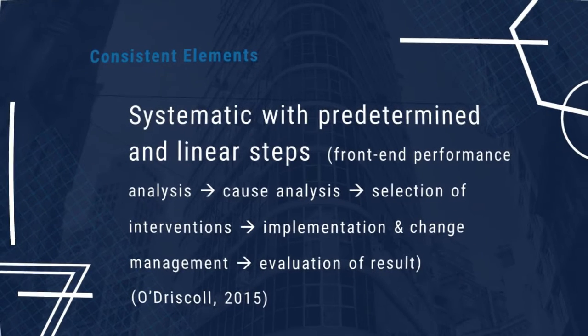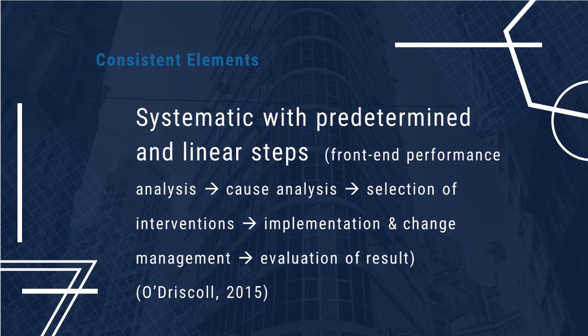Fifth, professionals agreed that HPT is systematic in that it follows a predetermined and relatively linear set of steps, which starts from front-end performance analysis, to cause analysis, to selection of interventions and design, to implementation and change management, and finally to evaluation of result.